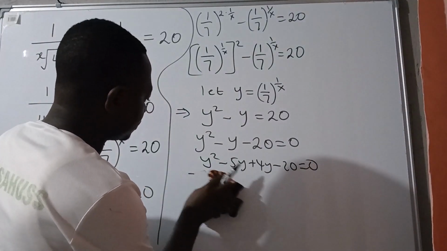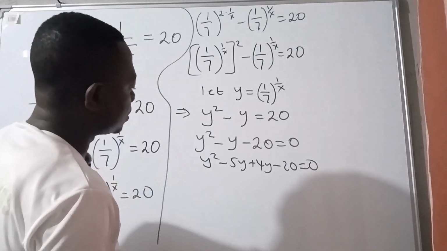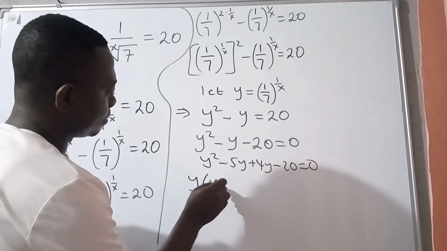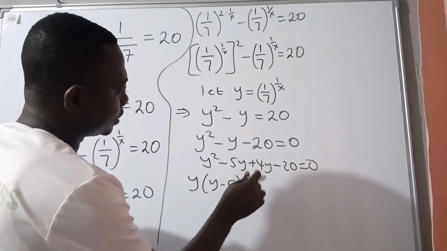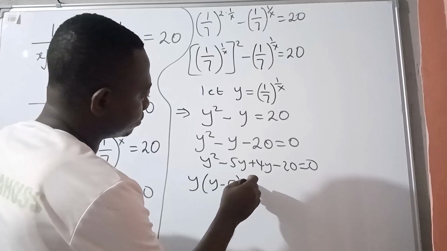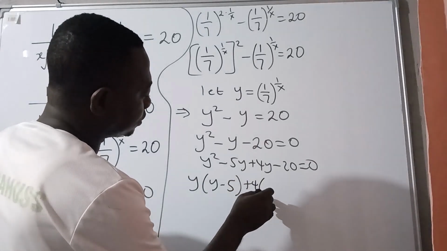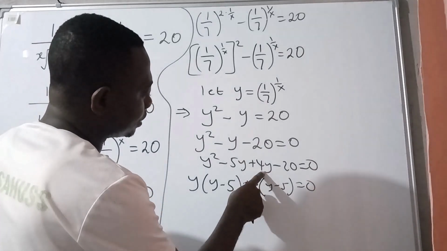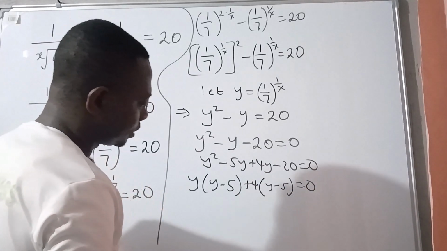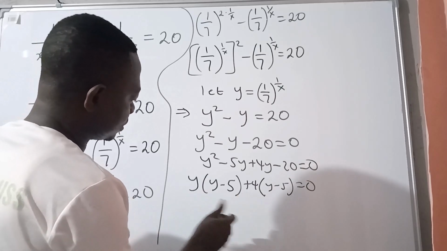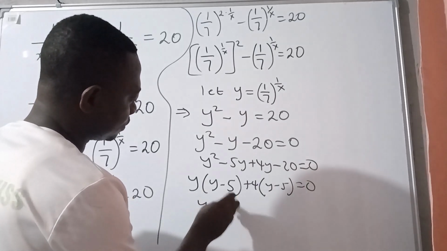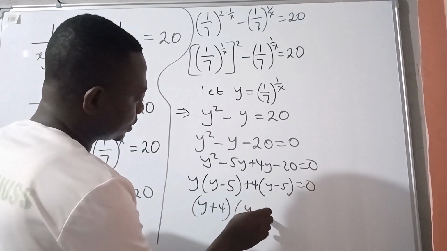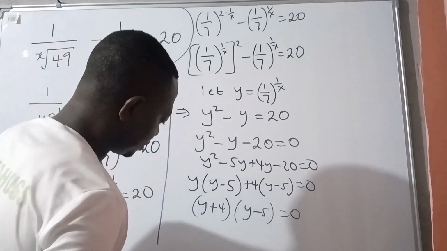All right, so from here, we have y out, then y minus 5, and we have plus 4 out, y minus 5 equal to 0. So the coefficients, y plus 4, and the bracket, which are the same, we pick one.